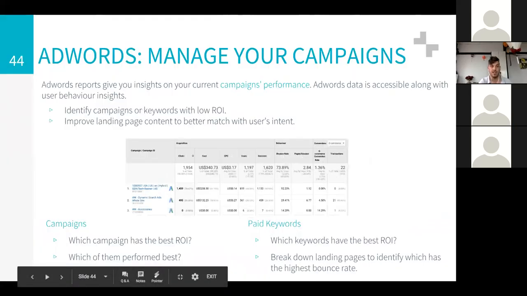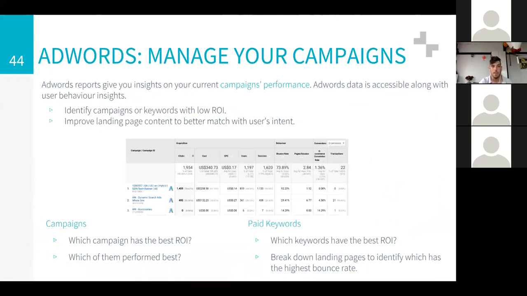The other integration that is also easy: if you are doing campaigns on AdWords, I invite you to set up the integration between AdWords and Analytics. You will be using AdWords to monitor and optimize your campaigns.